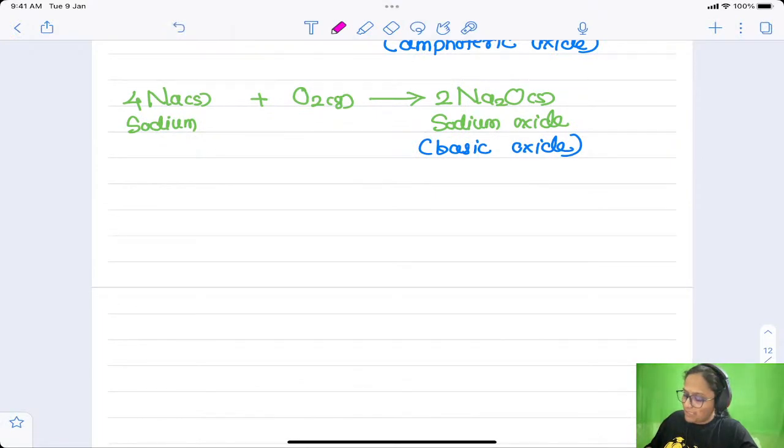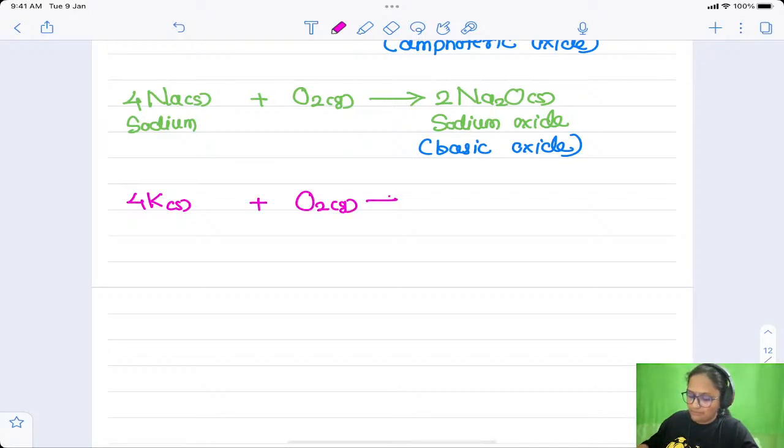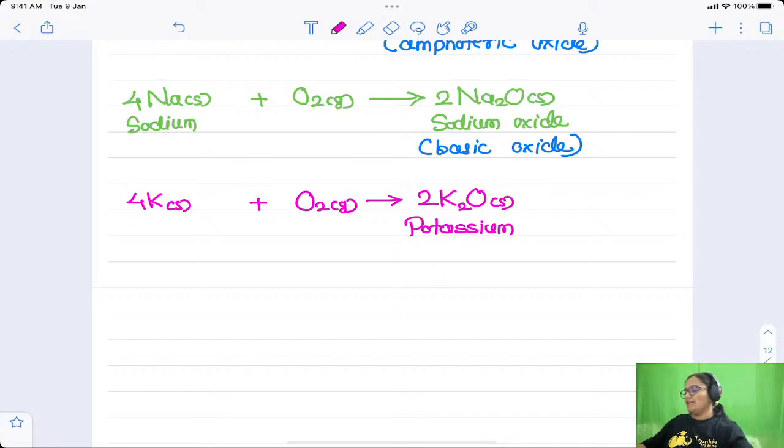Then next is the potassium. Sodium and potassium give the same reaction. So K2O is nothing but the potassium oxide.